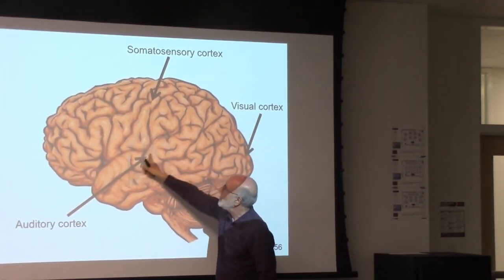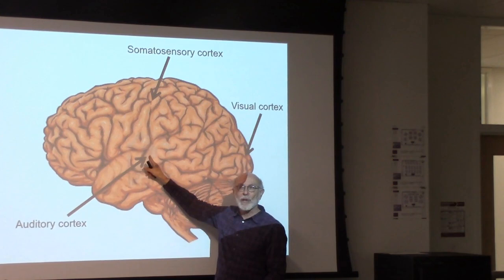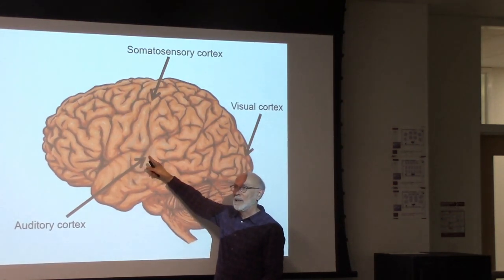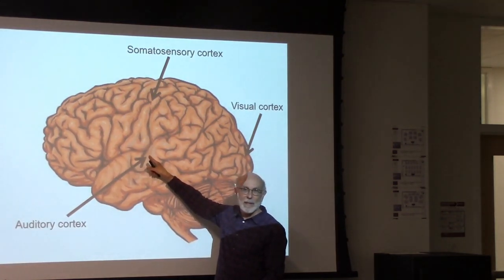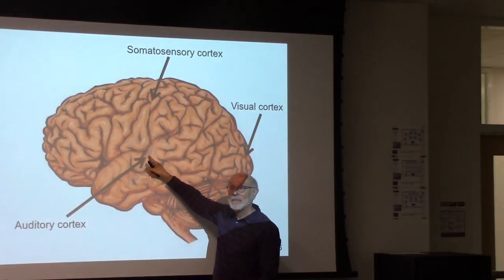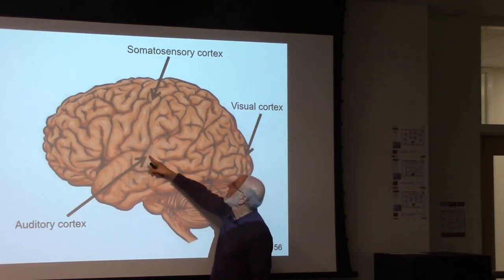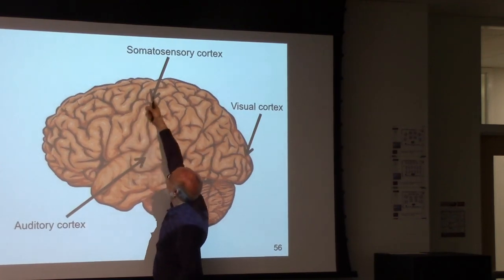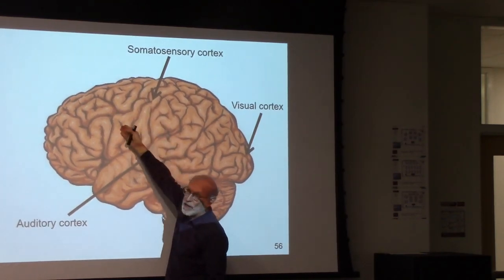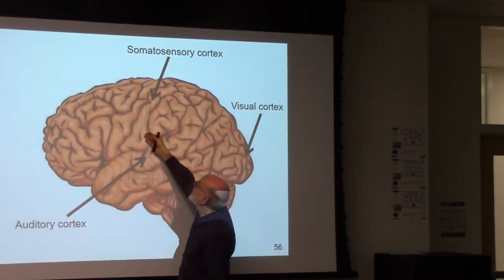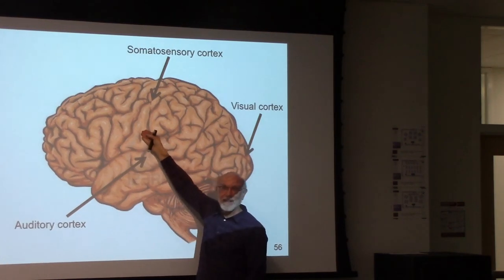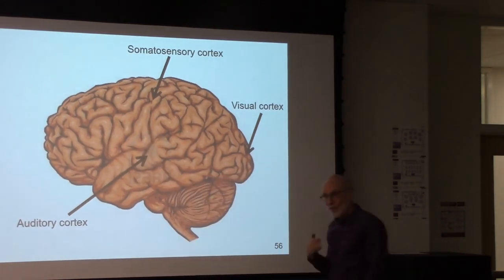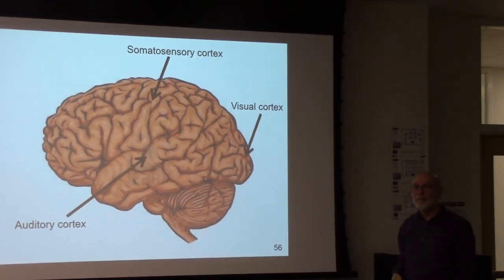What is the name of this structure where the auditory cortex is? Superior temporal gyrus. What's the name of this sulcus that separates the motor cortex, which we'll talk about next week, from the somatosensory cortex? Central sulcus. So this is anatomy.